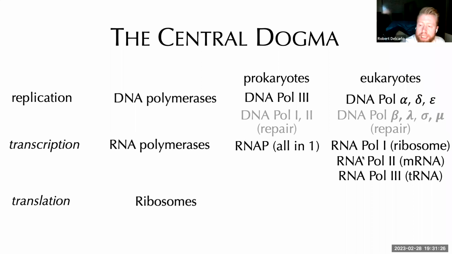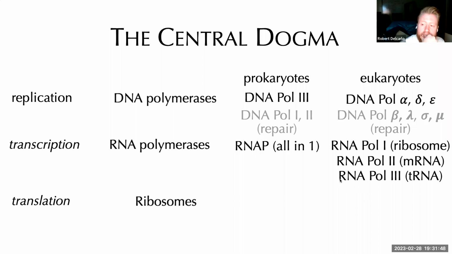For transcription in prokaryotes, it's carried out by RNA polymerase, kind of an all-in-one jack of all trades, whereas in eukaryotes, it's more of a divide and conquer. So you have RNA polymerase 1 that generates the RNA that goes into the ribosome. RNA polymerase 2 transcribes DNA into mRNA that will then feed into a ribosome.